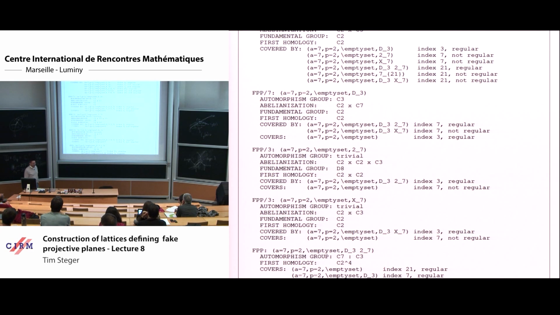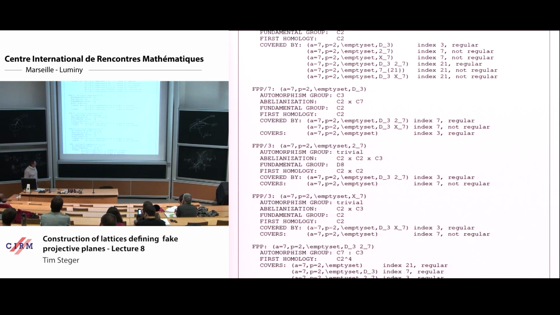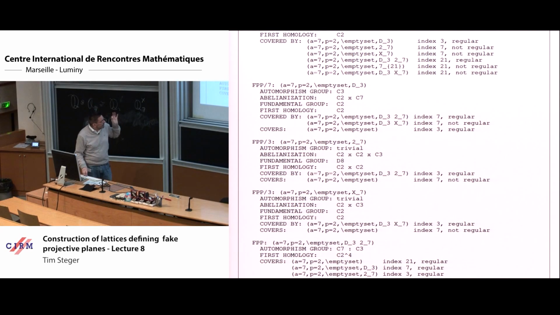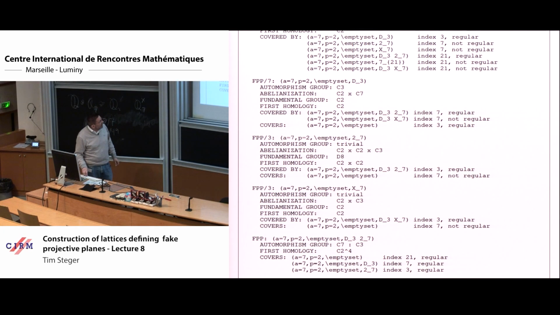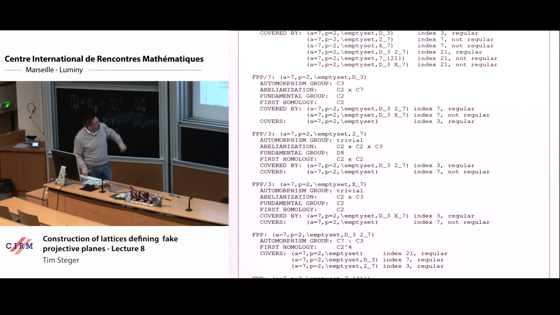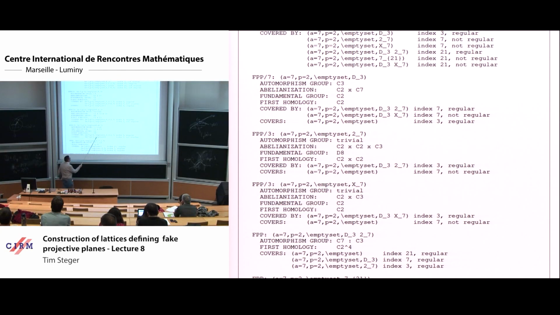Okay, so that's what X stands for, a mysterious condition, which is reducing the group by a factor of 7. You will observe that this is covering the thing without that condition by index 7, which of course it has to do because it's an index 7 condition. Okay, now I believe that's all I have to say about this for the next little while.